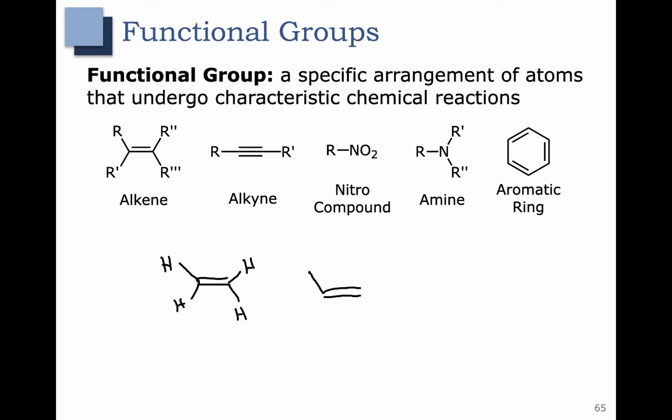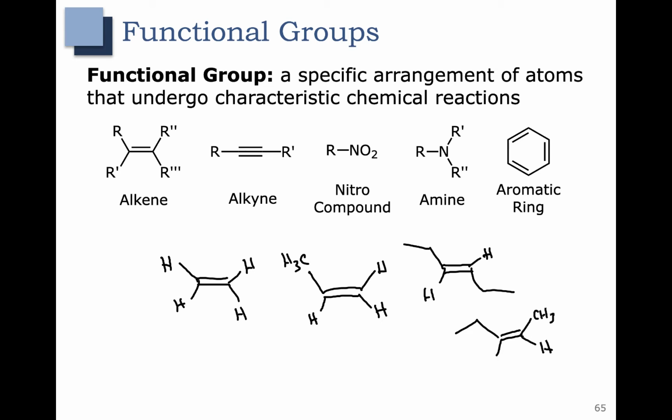You could also have an alkene where one group is a carbon, or you could have an alkene where two groups are carbons, and so on. So these are all different examples of alkenes. And we would say that all of these structures that I drew have the alkene functional group.